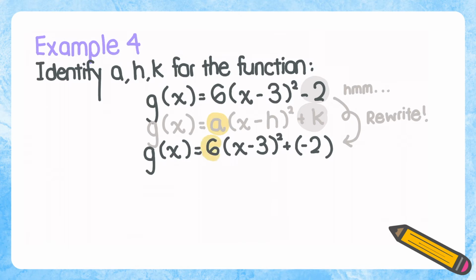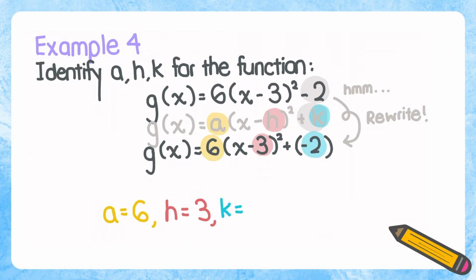So a is replaced by 6. So a equals 6. h is replaced by 3. So h equals 3. And k is replaced by -2.